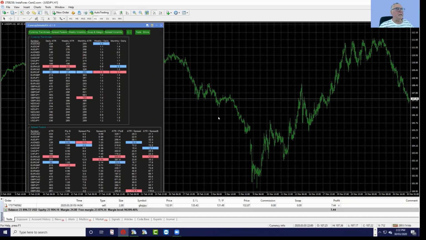and things like that. Now, interestingly enough, what we're saying is that the ATR measures the volatility of a currency and the trendiness of a currency. And we therefore have to look at the daily ATR, the weekly ATR, and the monthly ATR to get a feel of what's going on.